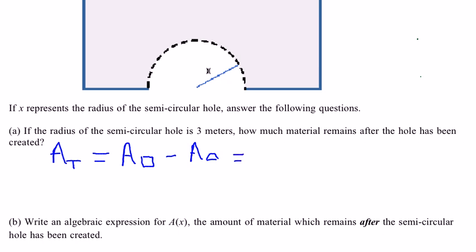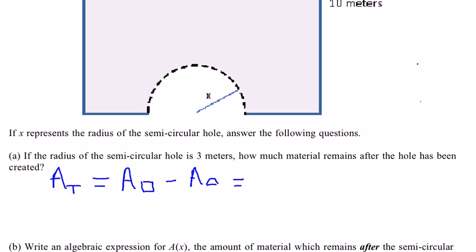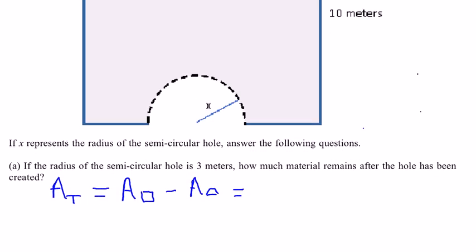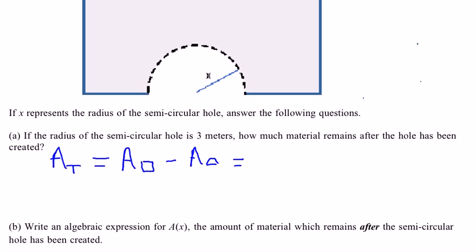Well, in this particular problem, I know that we have a 10 by 10 piece of wood or material in this case, so the area is going to be 10 by 10, and we are going to subtract the area of the semicircle.